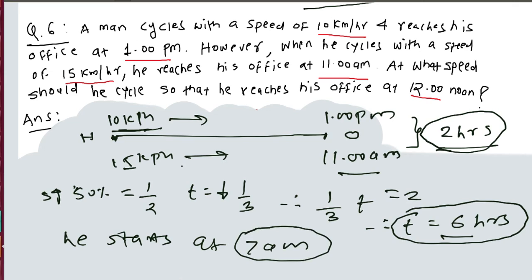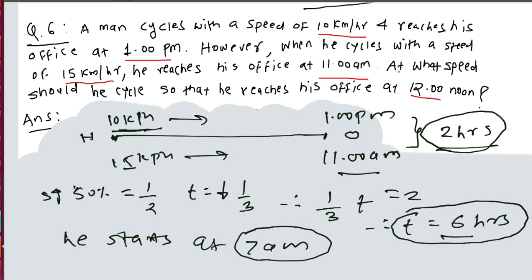Now the other part of the question is, at what speed should he cycle so that he reaches his office at 12 noon? Now we want him to reach the office at 12 noon.